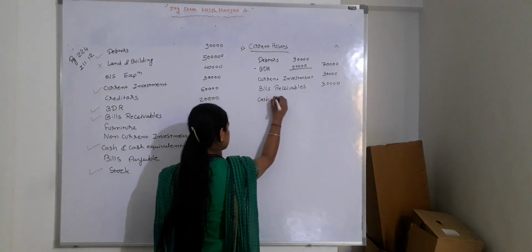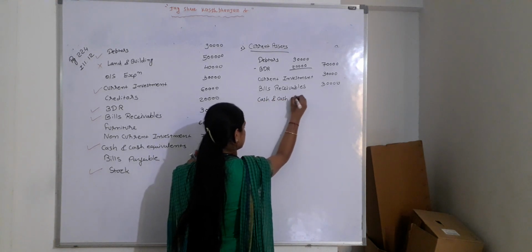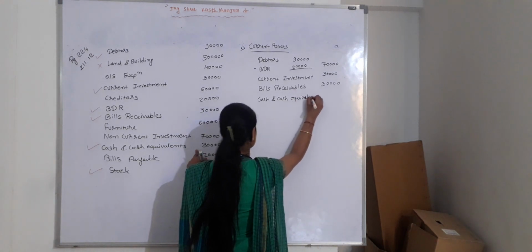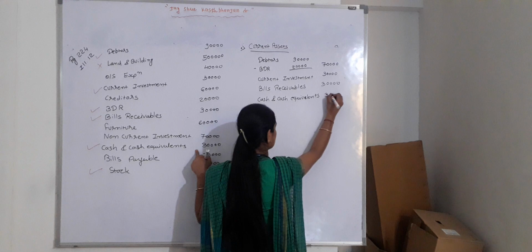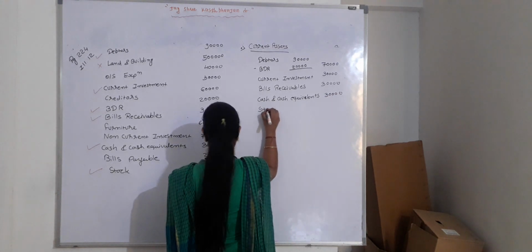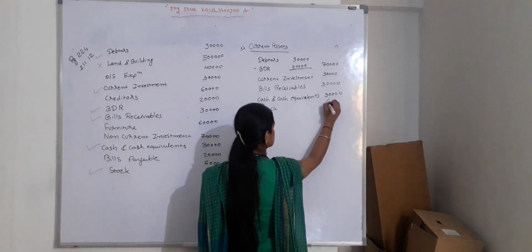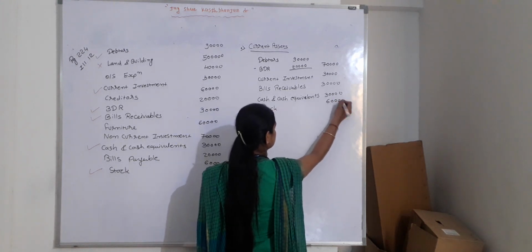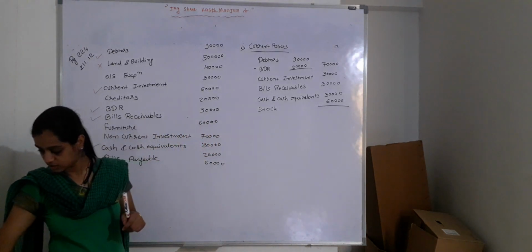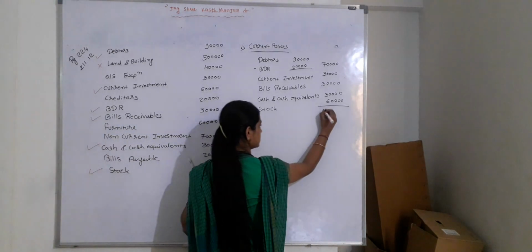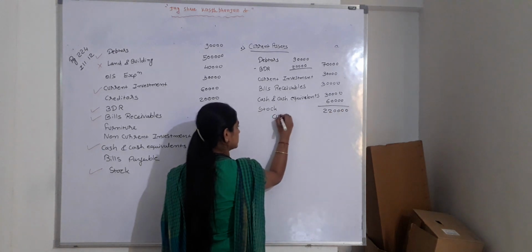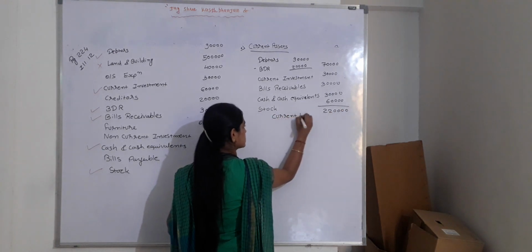Cash and cash equivalents 30,000 and stock 60,000. And our answer is 2,20,000. Current assets.